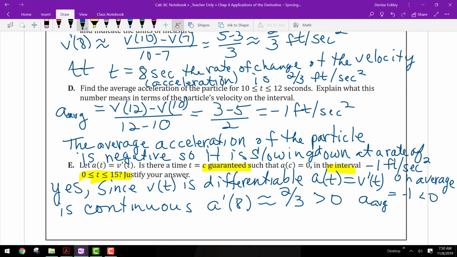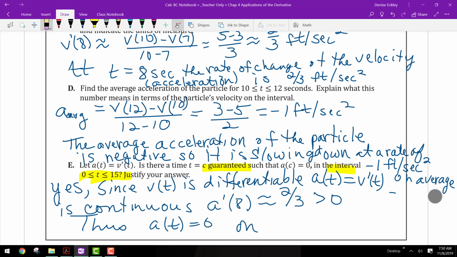Then we can say, thus, A of t equals 0. Actually, you know what, it'd probably be better here, instead of saying the average, that you could say A of, like, we did 7 to 10, so we can just say A of 8. Oh no, I'm sorry, that wasn't 7 to 10. That was 10 to 12.